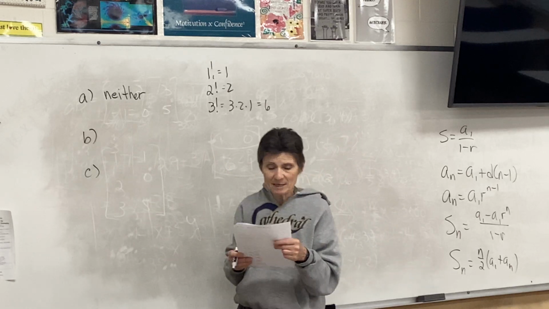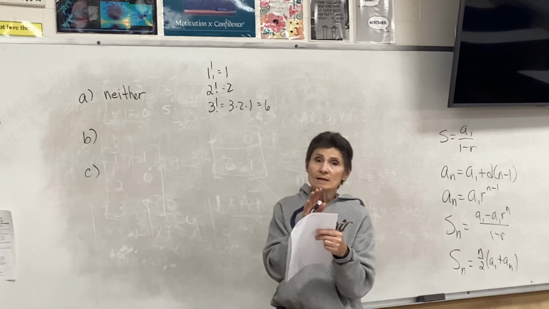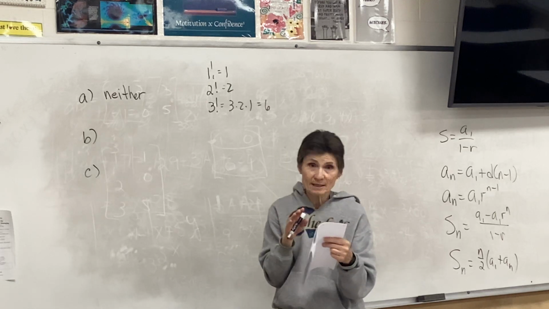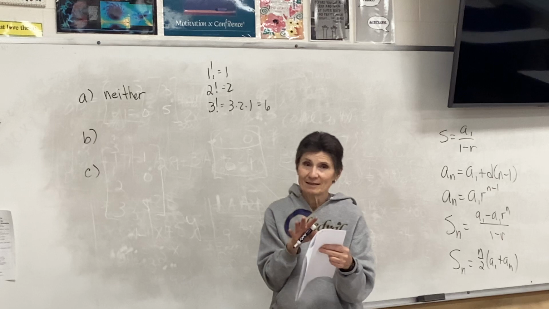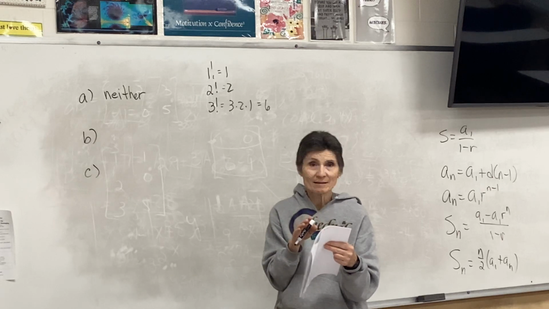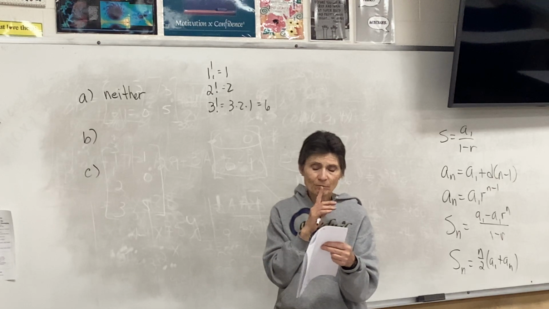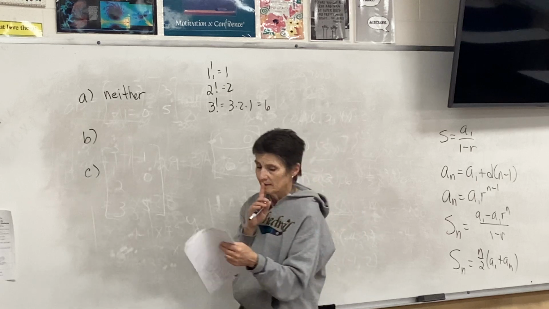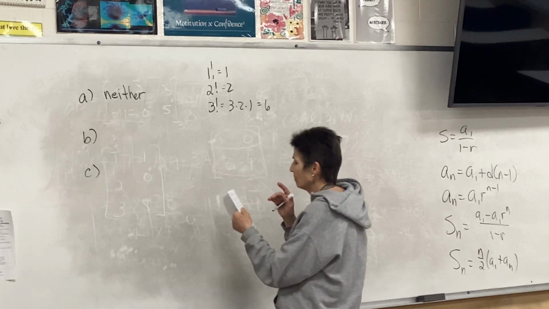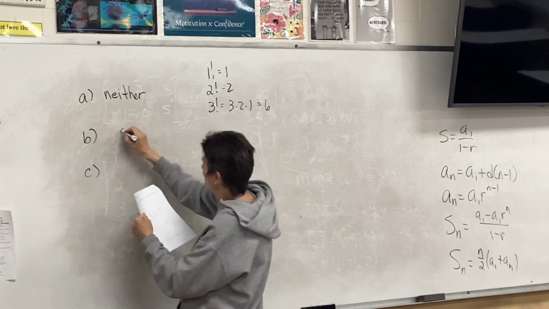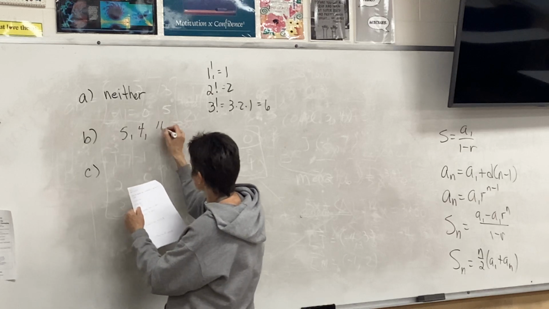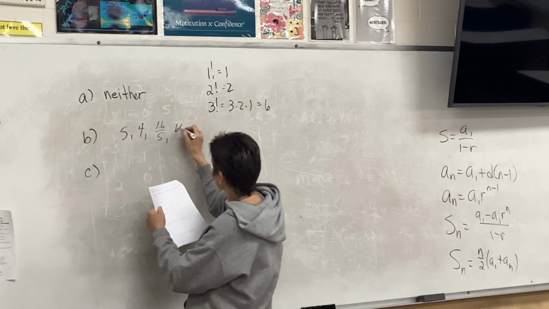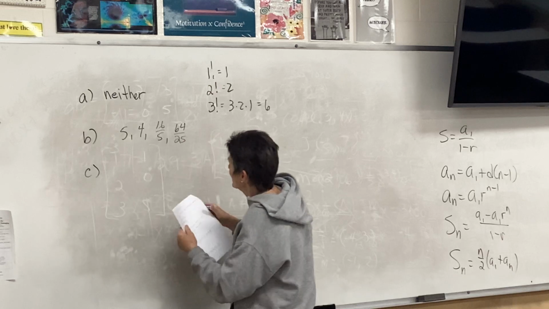All right, what about B? Well, I hope you can tell just by looking that it is not arithmetic. You're not adding the same number. I wonder if we are multiplying. Let's see if we are multiplying. So the set of numbers is 5, 4, 16/5, 64/25.